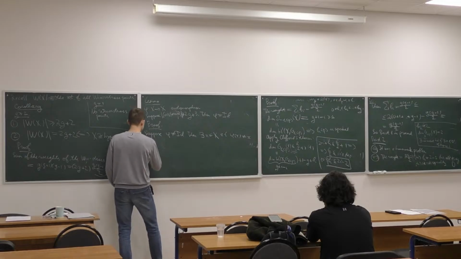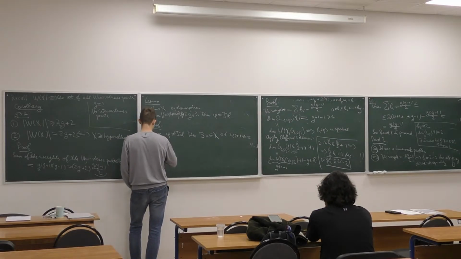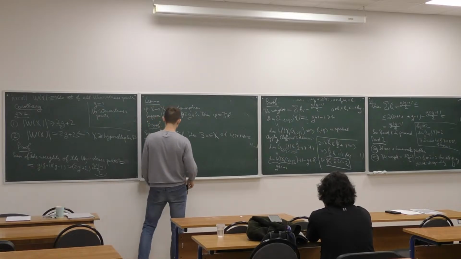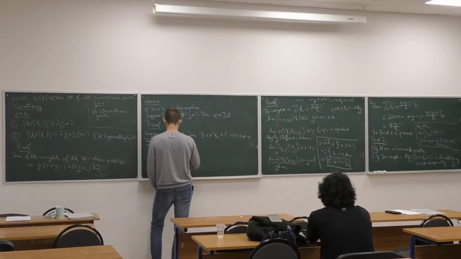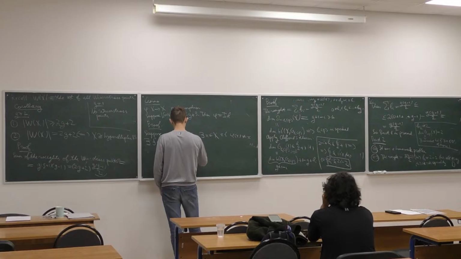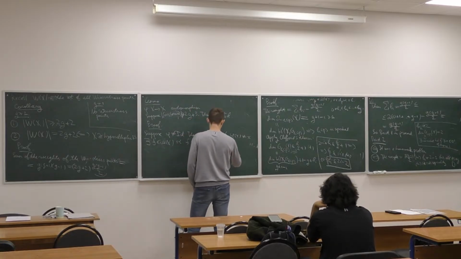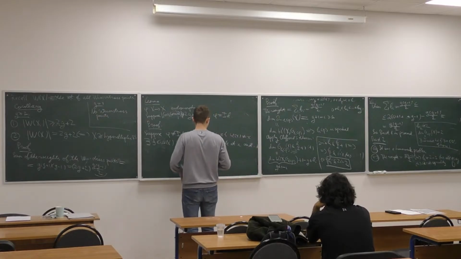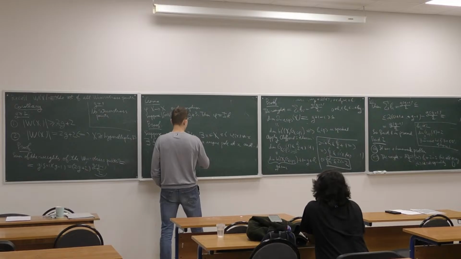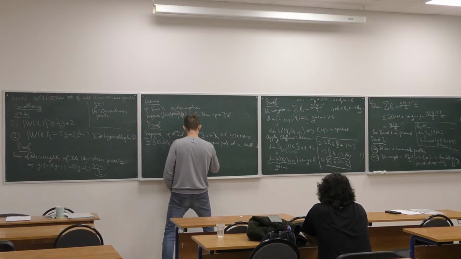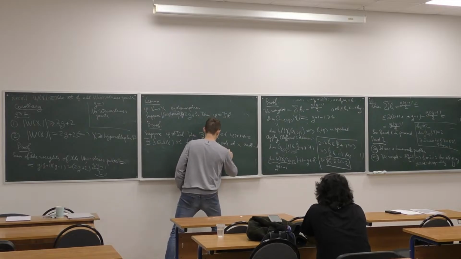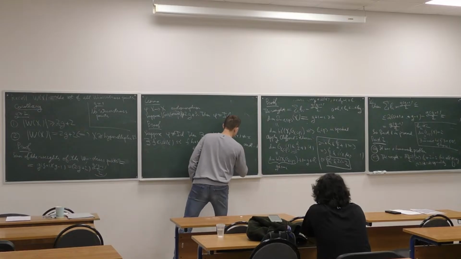Then we know that there exists a meromorphic function f on X such that f has a unique pole at x, and the order of this pole is less or equal than what?